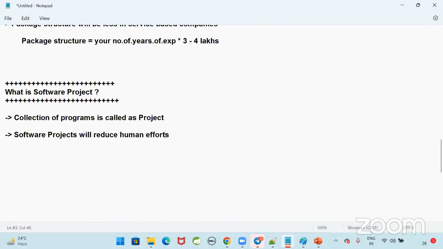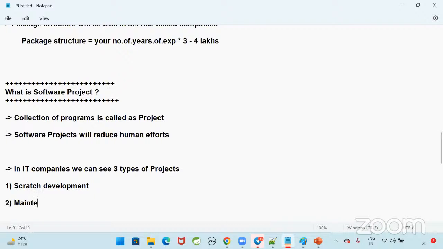In IT companies, we can see three types of projects. What are those three types? First one is scratch development projects.